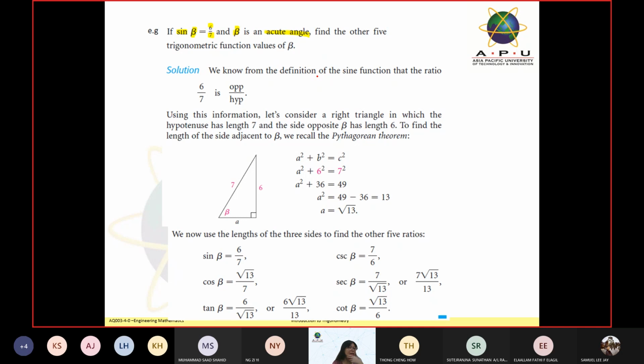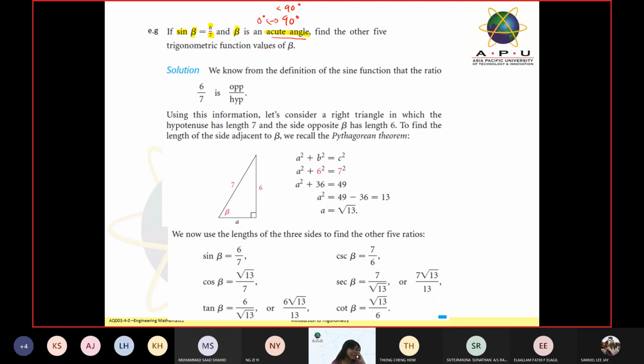I have two answers here: below 45, below 90. Yes, it is the angle between 0 to 90, less than 90, below 90. That is the acute angle.